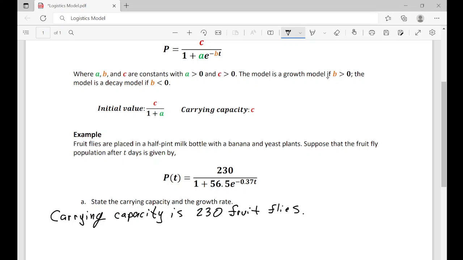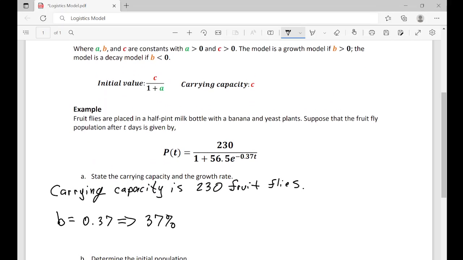Growth rate is B. Now this is already a negative here, and it's a negative here, so we just want the number itself. So we're going to say that B equals 0.37, and we don't want it as a decimal, we want it as a percentage, so we're going to multiply it by 100, and we're going to get 37% as the growth rate.